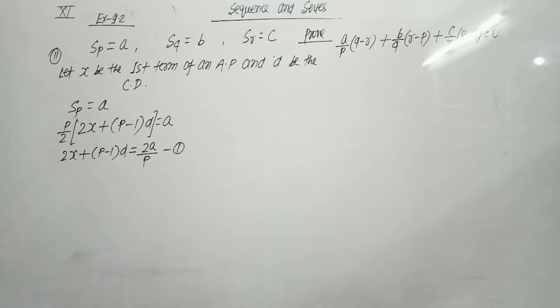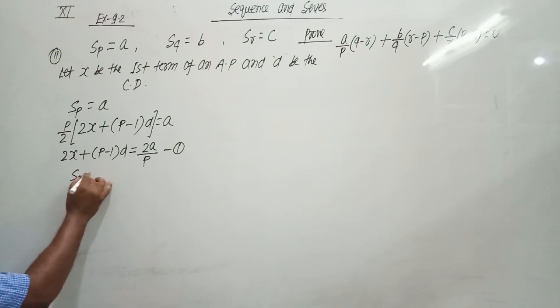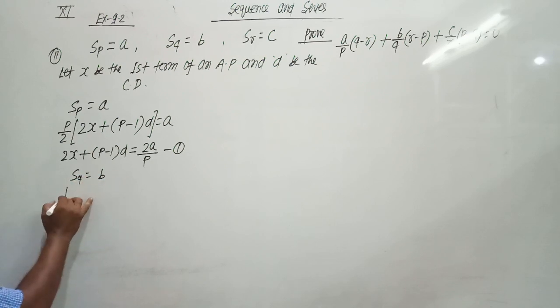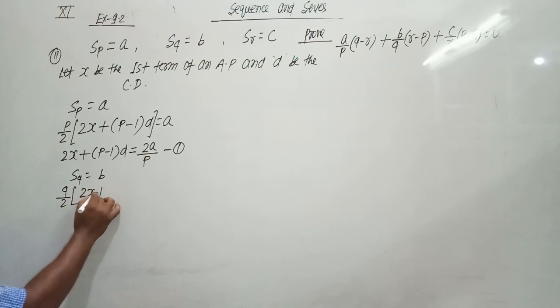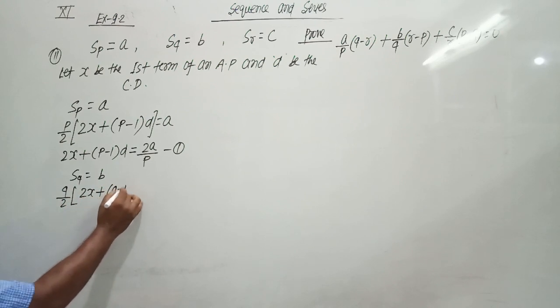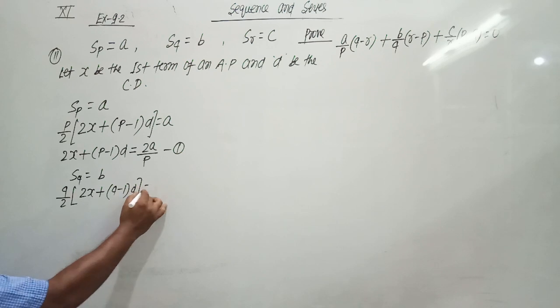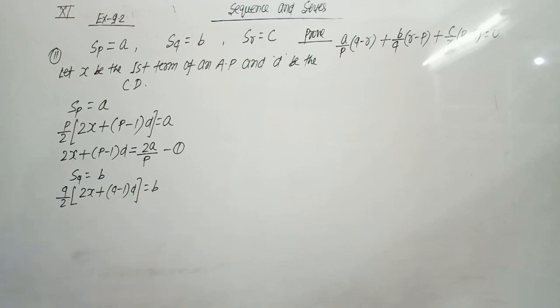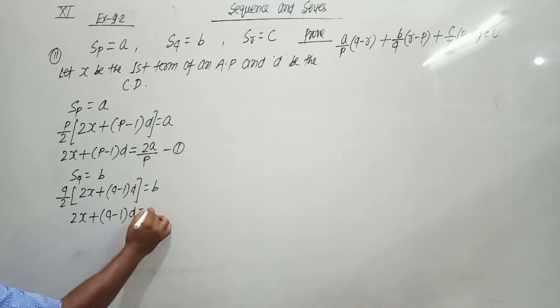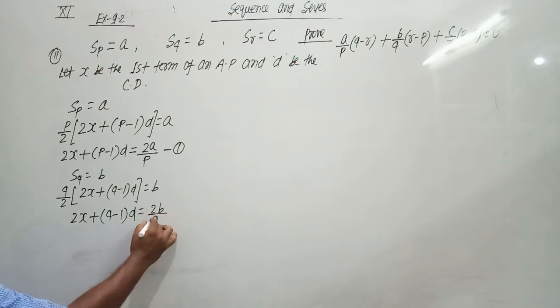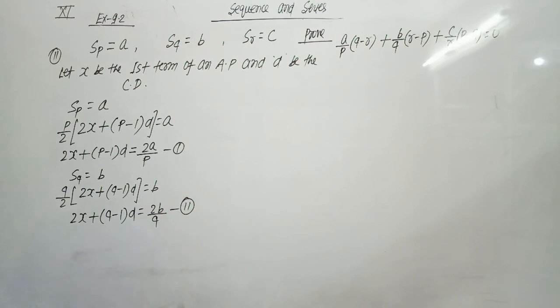Now we are given S_q equals b, so q/2 [2x + (q − 1)d] equals b. After solving we get 2x + (q − 1)d equals 2b/q. Call it the second equation.